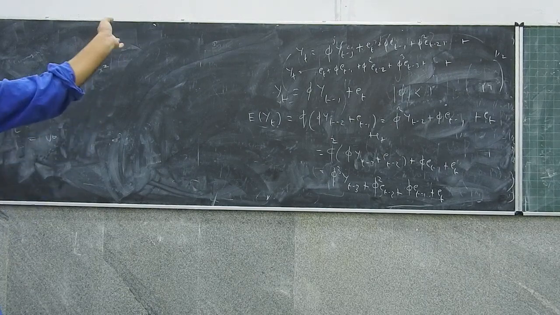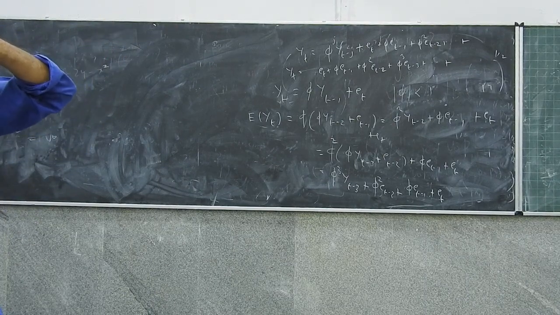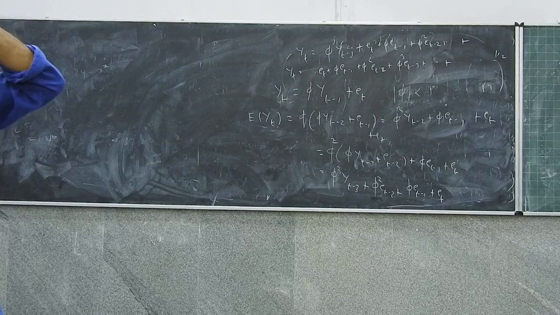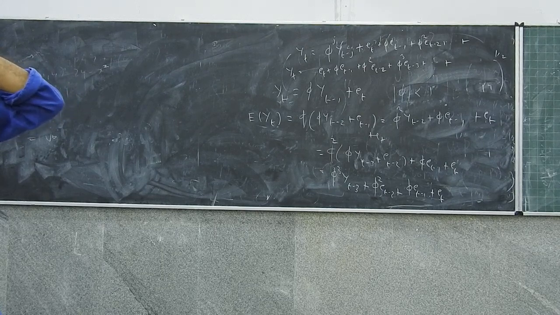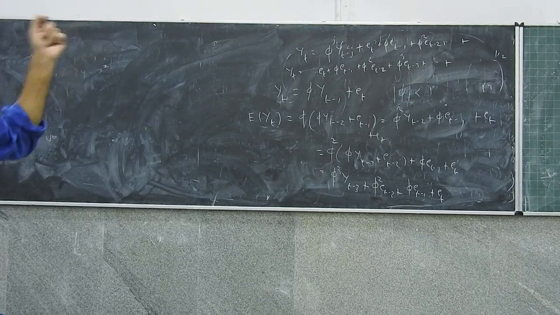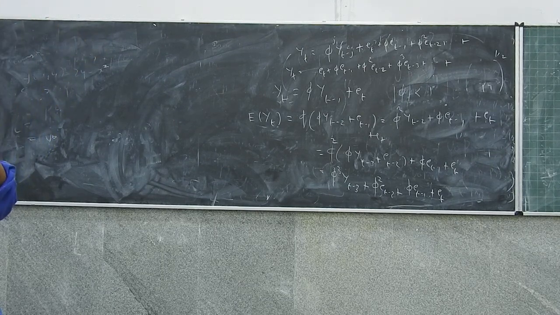What is the expected value of y_t? Mithila, what is the expected value? 0, right? Why 0? Mithila is right. Phi is not 0, but the expected value of epsilon_t is 0.